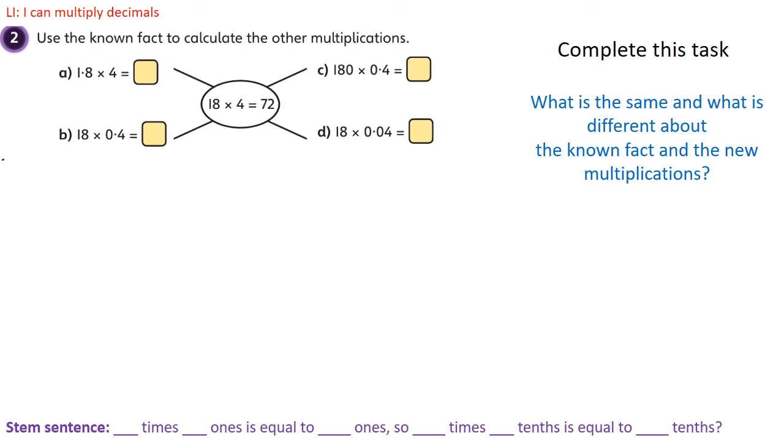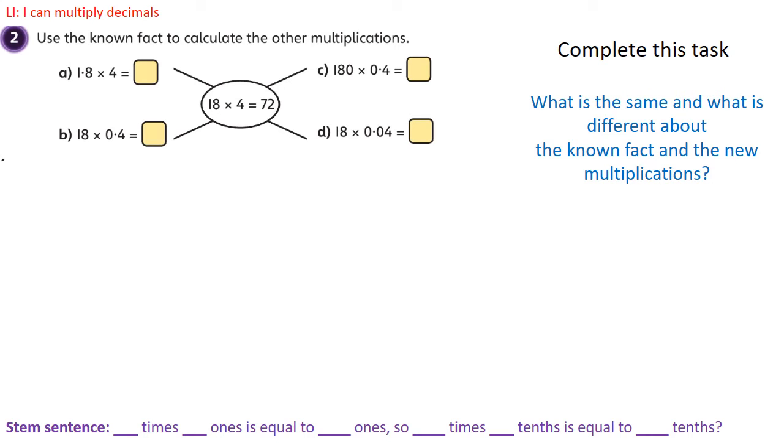Question 2. Use the known fact to calculate the other multiplications. Well, our known fact is 18 times 4 equals 72. So what else do I know? Well, I also know that 4 times 18 equals 72. How does that help me solve A?